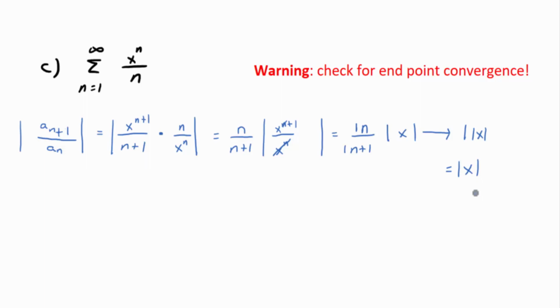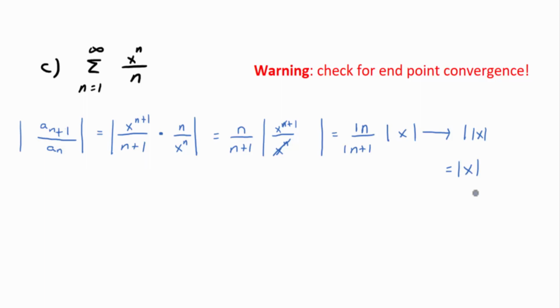Okay, but now it's time to think of x as a variable. It could be a real number, right? But which real numbers it can be is the question. Well, we're applying the ratio test. So this limit has to be what, for the ratio test to get convergence? It has to be less than 1.